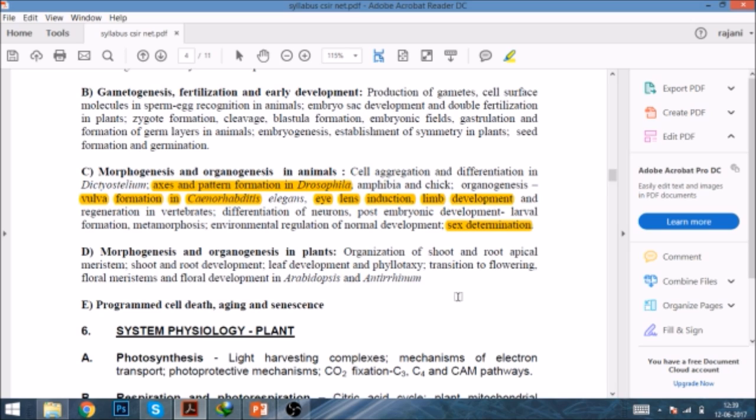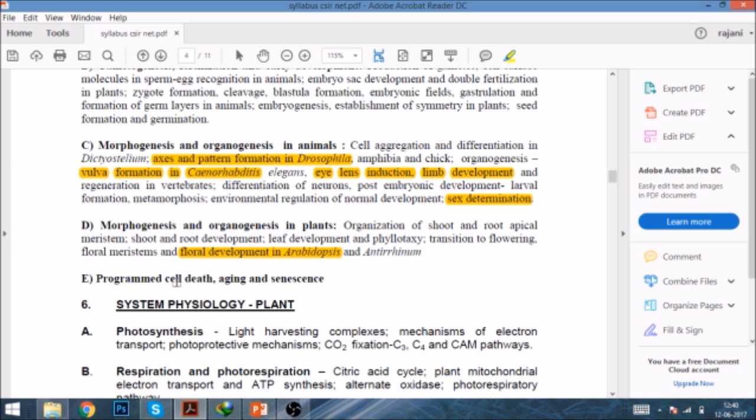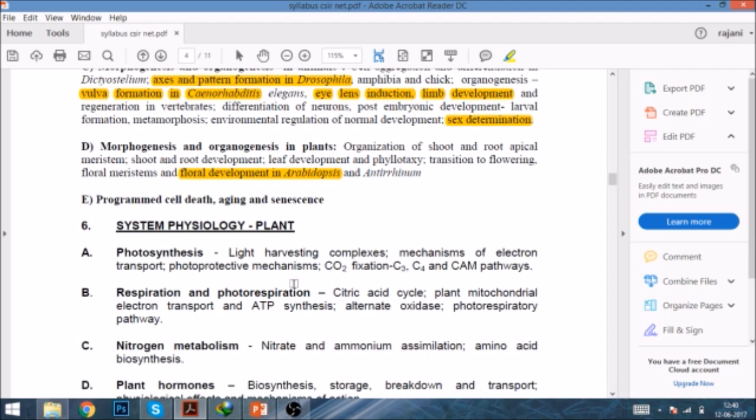So once go through that, you can get it from the book by Gilbert. I prefer Gilbert for developmental biology. You can get the ABC model of flowering from Gilbert also. Again, programmed cell death or apoptosis is there, aging and senescence. You can follow the same book, Gilbert, for this.